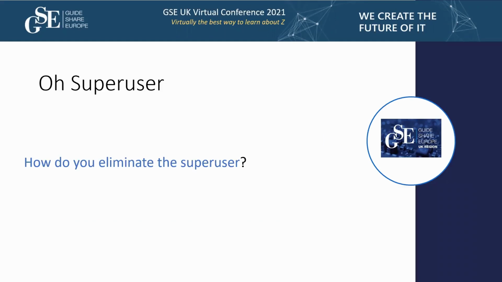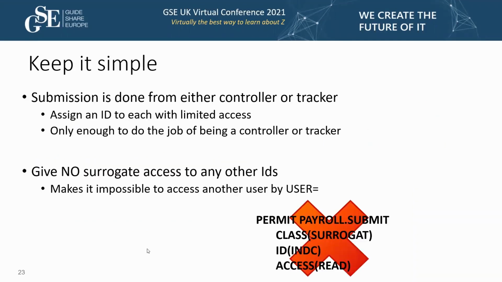So super user, how do you eliminate the super user? Well, keep it simple. Once you've got your authority groups in place, and those authority groups can only do what that particular business thing does, what you can do is assign an ID to the tracker and the controller that has very limited access.